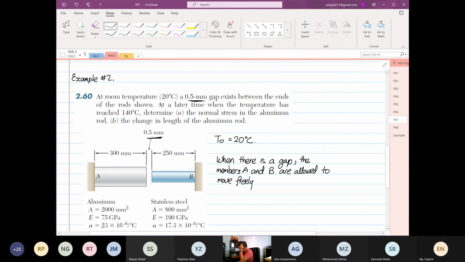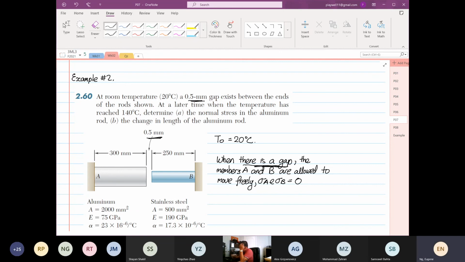When that's the case, the stresses at A and at B will be equal to 0. The total expansion of the structure of members A and B will be equal to 0 whenever there's a gap.